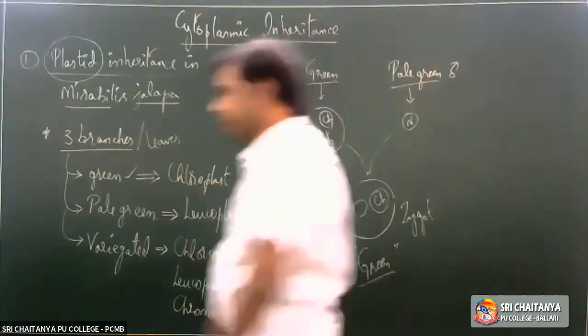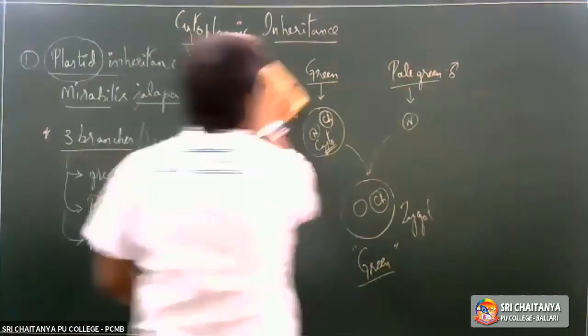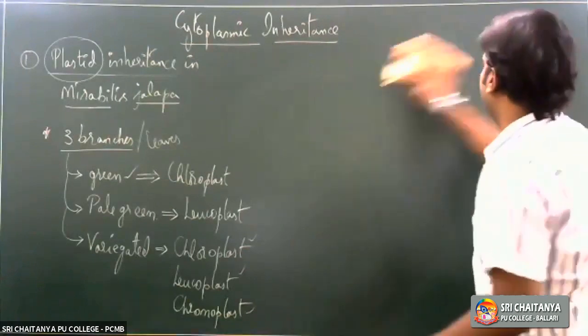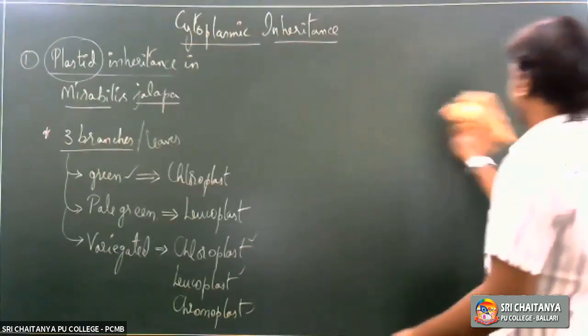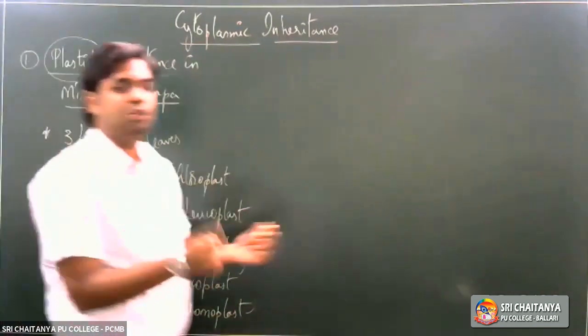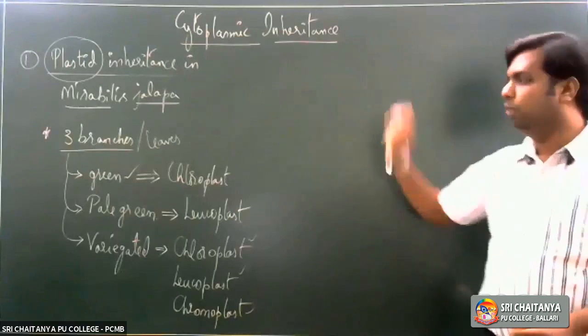Now what we'll do is take up a simple expression and see how exactly the process of inheritance happens. Let us see what different types of male gametes and female gametes, when they undergo fertilization or cross, what sort of offspring they produce.